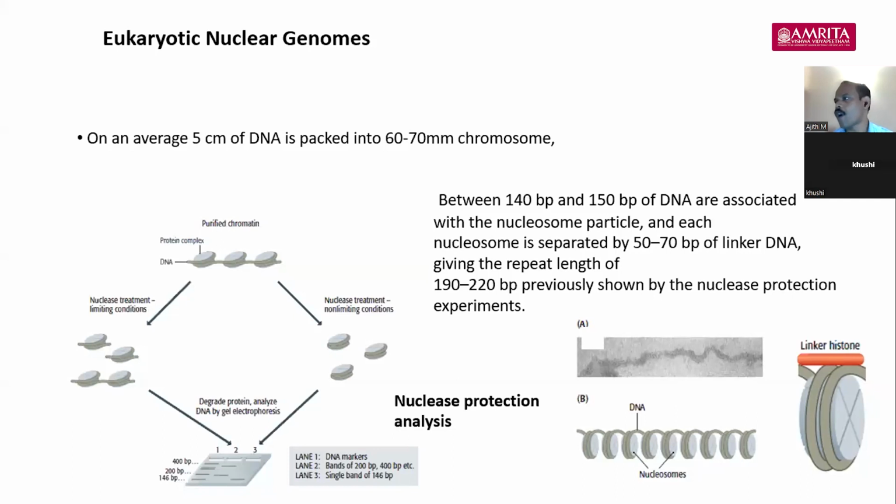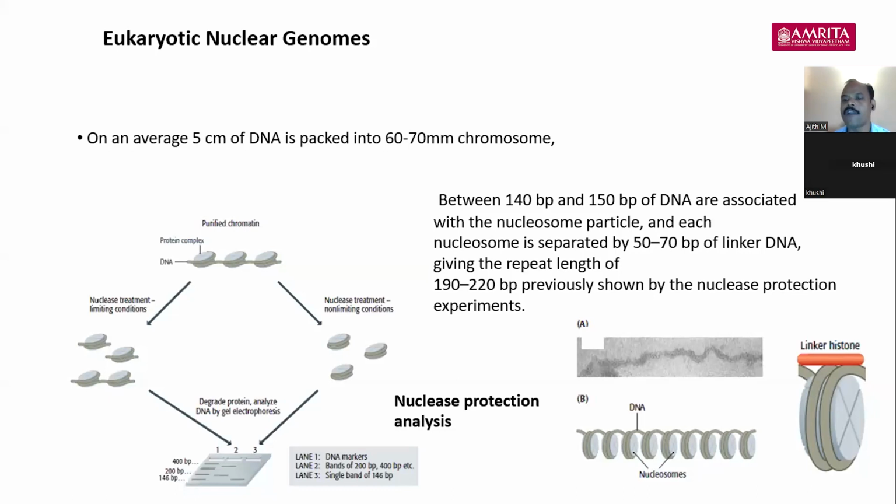Okay, so in fact, I talked about only histone proteins. There are some proteins which are not part of this complex per se, but they are associated with the nucleosome.